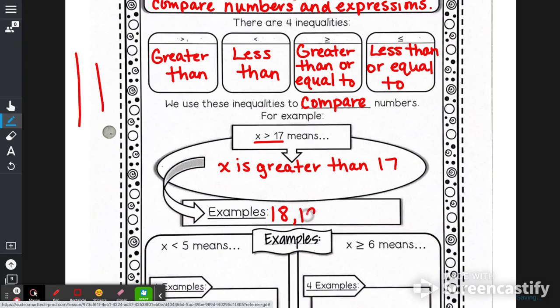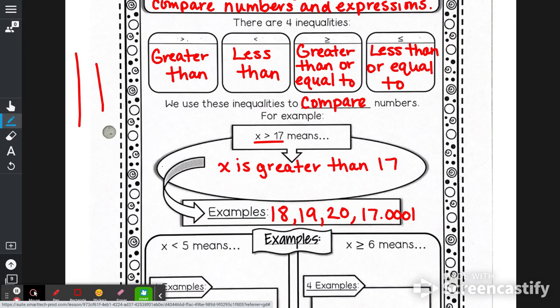19. What else could X be? 20. Let me ask you something. Could X be 17.0001? Yes. Okay. Can X be 17 here?